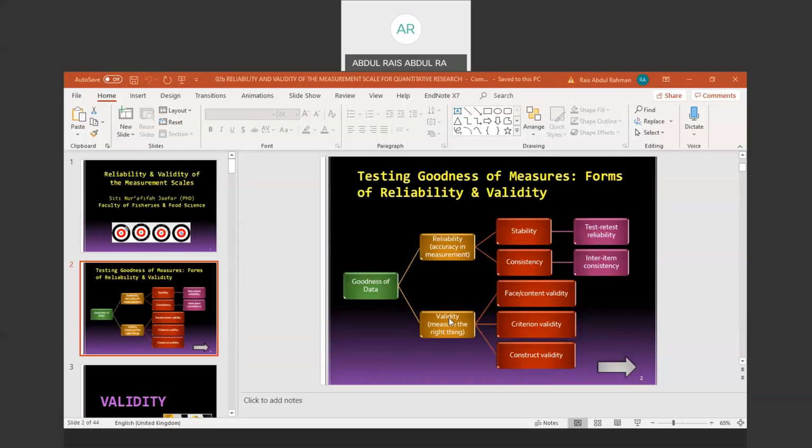Now, when we look at validity, we are looking at: are we measuring the right thing? I mean, if we are measuring food quality, are all items in that specific dimension representing that particular construct, are they related to food?